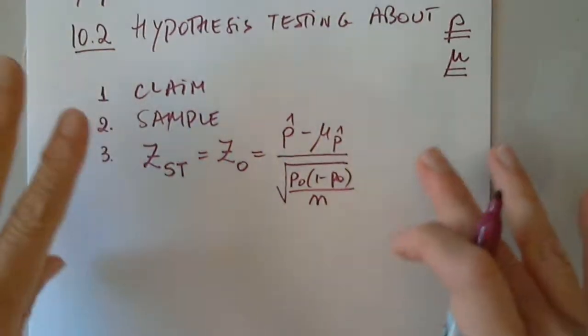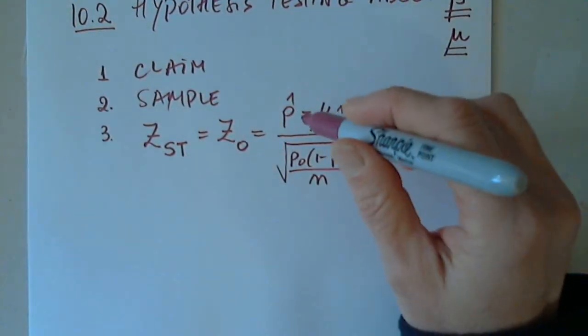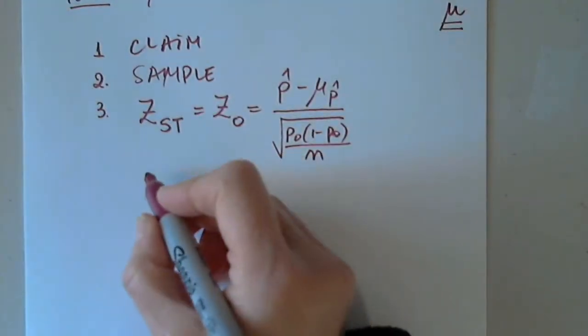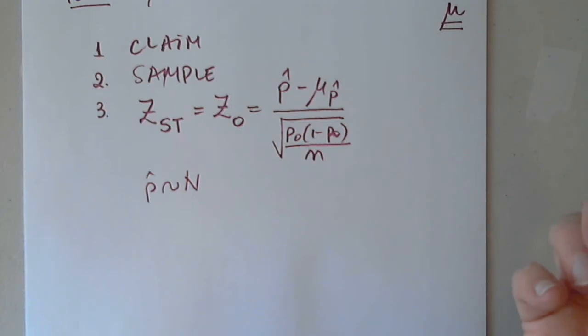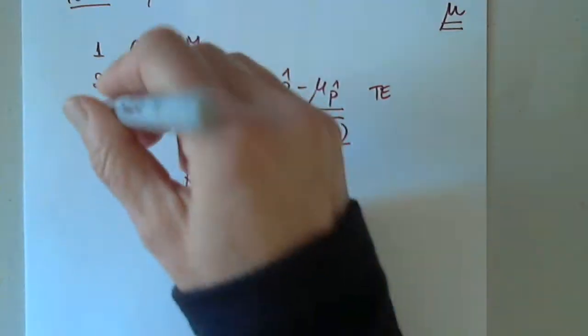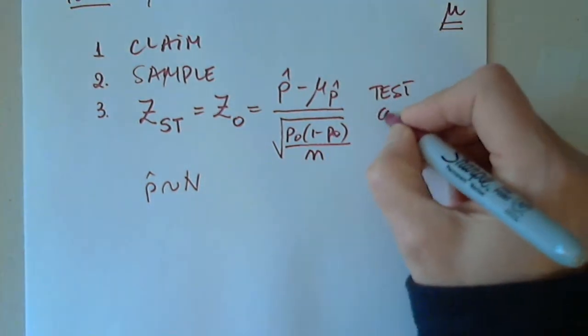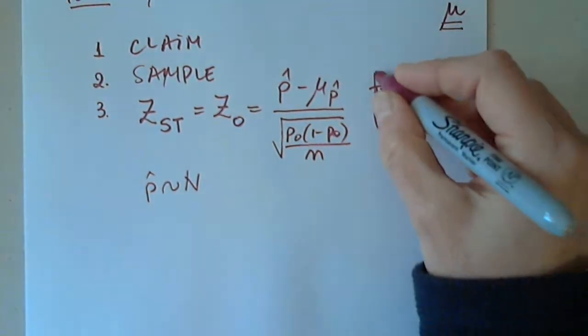Again, this is not news, because this is the distribution of p hat. So we're going to say that the distribution of p hat is approximately normal. Of course, we're going to test the conditions. I should have said that as part of number 3: test conditions. We always do that. What conditions?